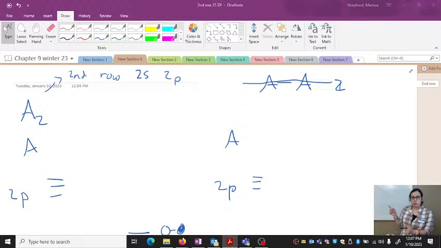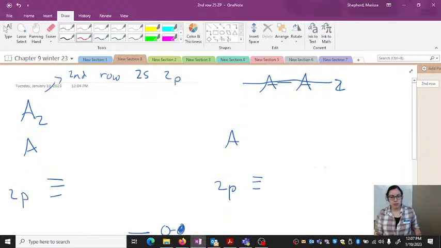We could do a pi bond, and this is the z-axis. Which ones would be pi bonding then? Yeah, so px and py. Pz, we'll go back to.